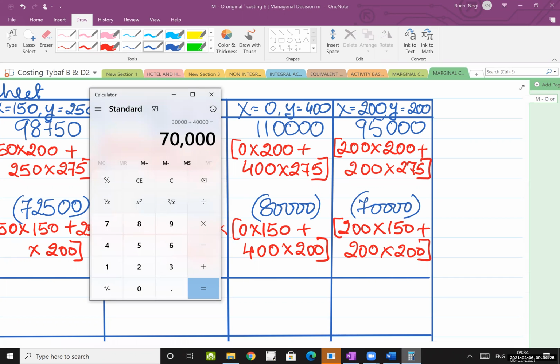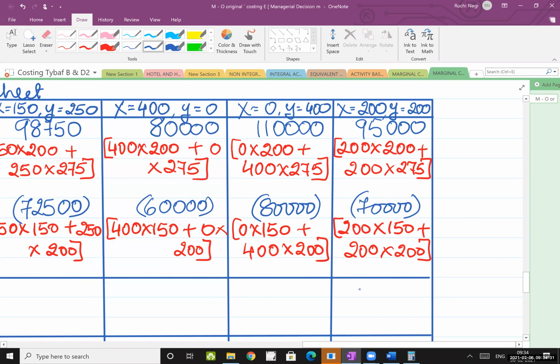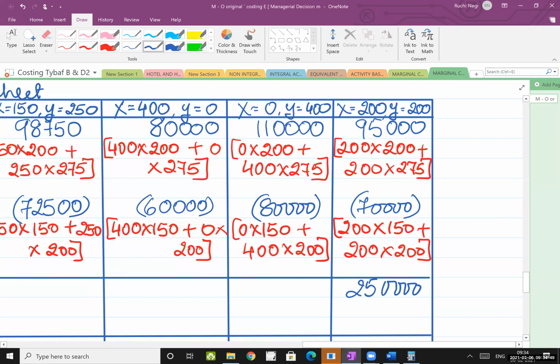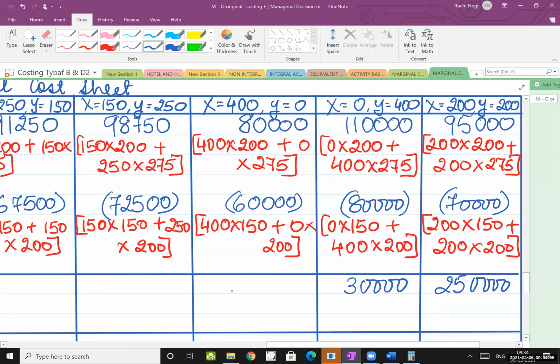Okay, calculate the contribution. 25,000. Next, 1,10,000 minus 80,000 is 30,000. Then 80,000 minus 60,000, 20,000.